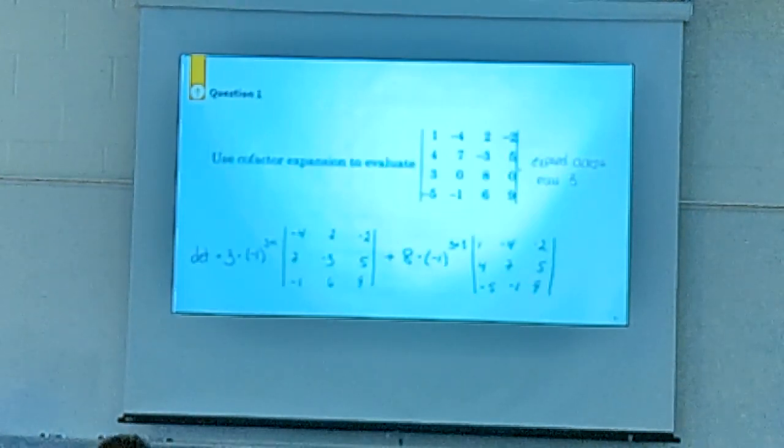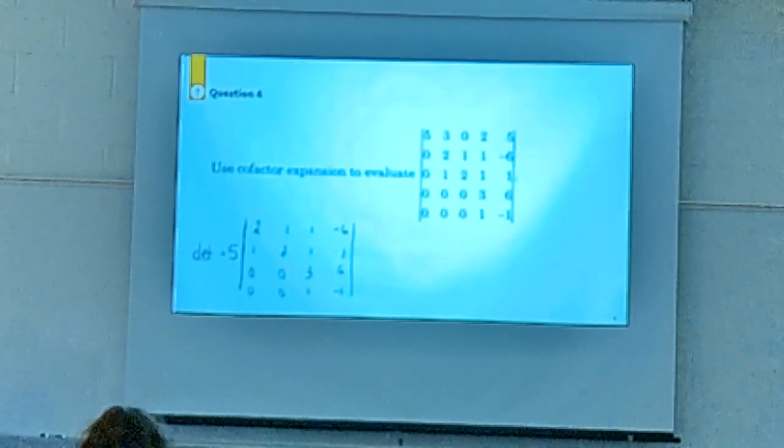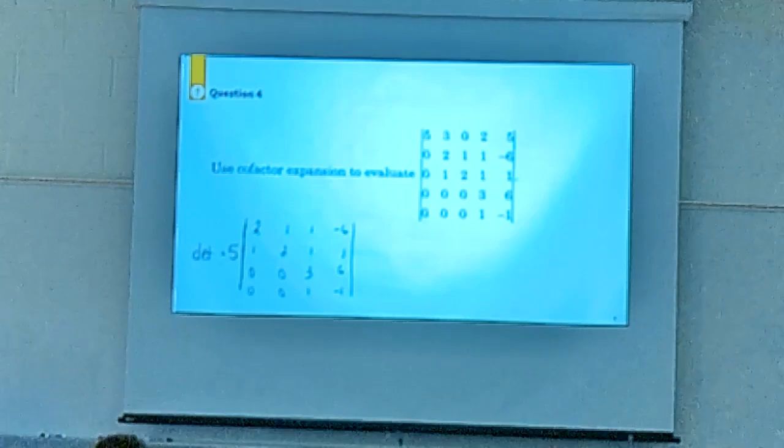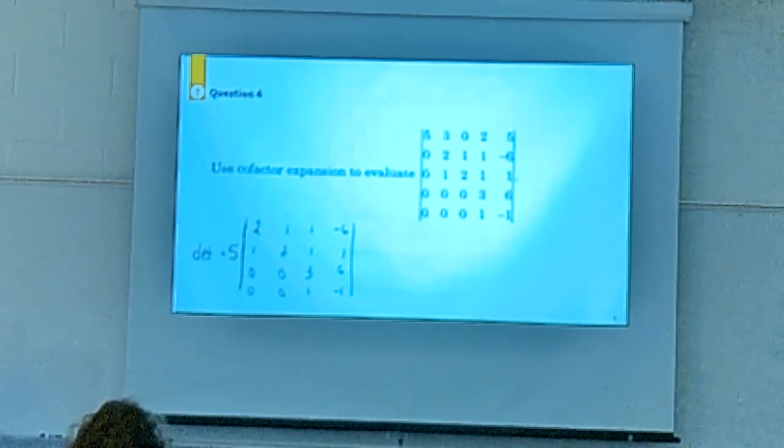Again, I'm going to be a little bit cheeky. And then look at what we're left with. Cross out row 4, column 3.